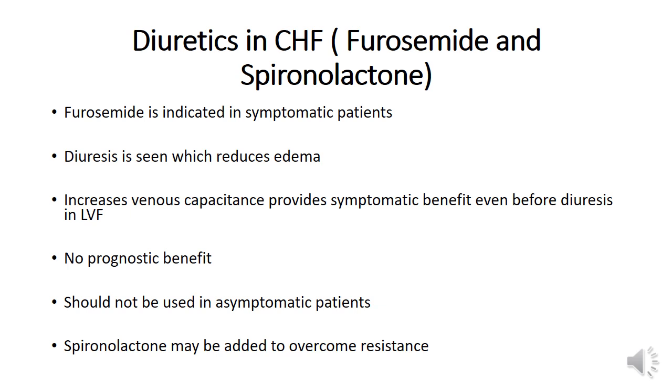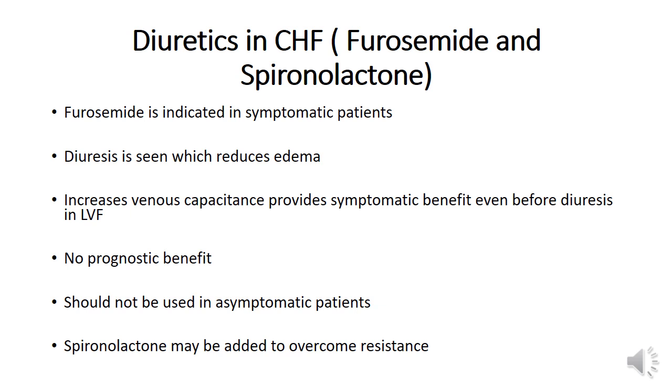Now, diuretics in heart failure. So after inotropic agents, we discuss furosemide and spironolactone. Furosemide is a high ceiling diuretic which is indicated in highly symptomatic patients. Diuresis produces a reduction in edema which provides a symptomatic benefit.